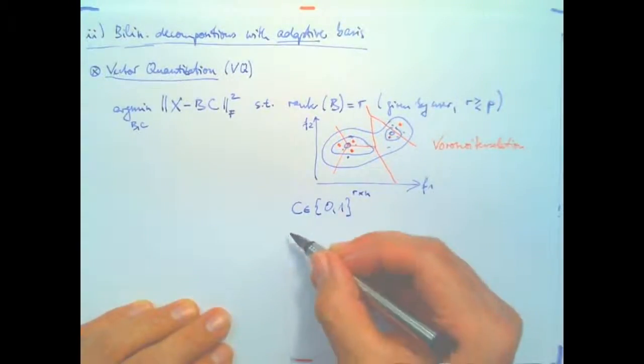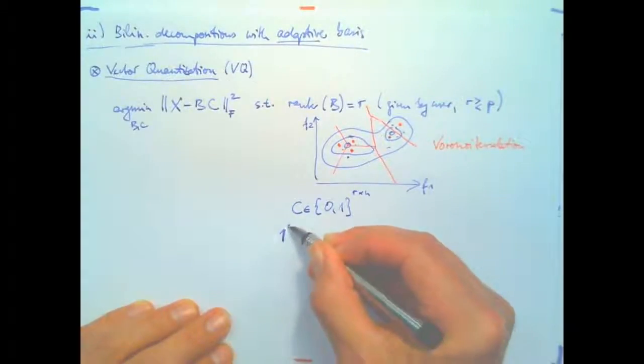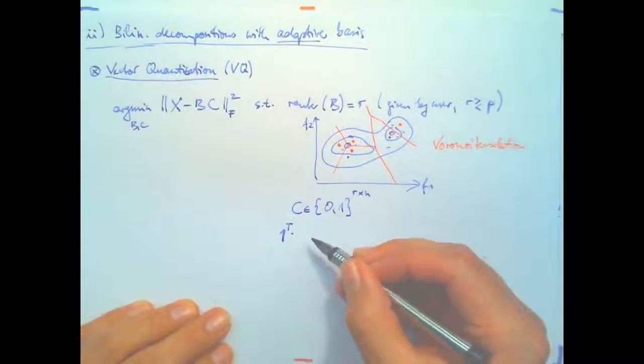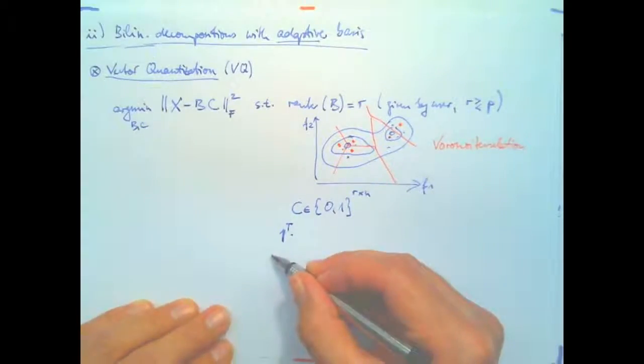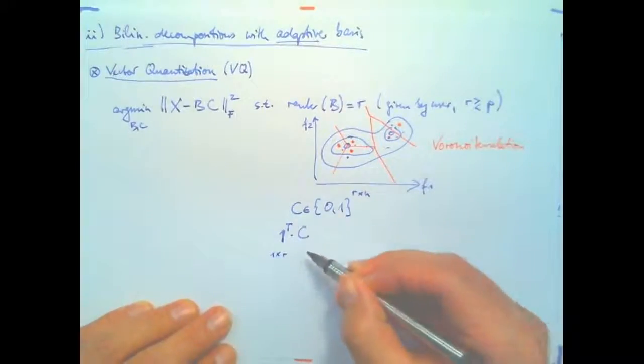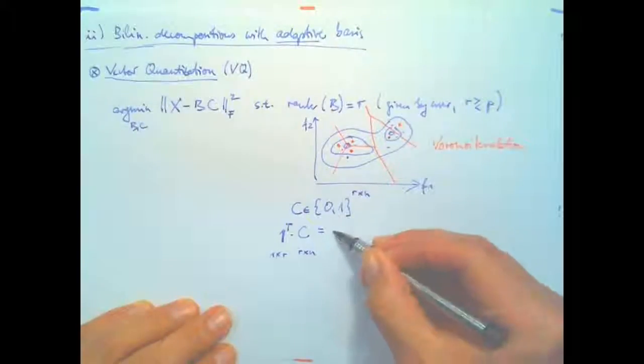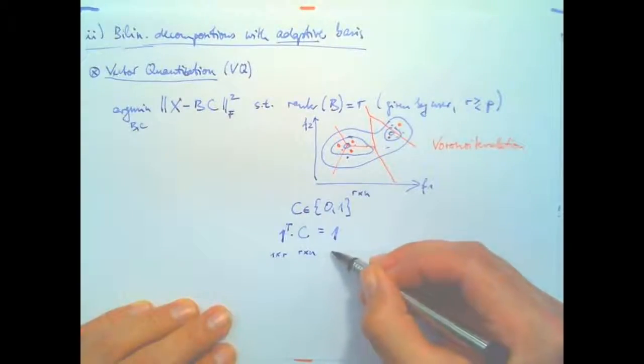So I can write that by saying that my vector of 1s, if I multiply my 1 by R vector of 1s with my coefficient matrix, which has dimensions R by n, I want to obtain a 1 of dimension n. No, something wrong. 1 by n.